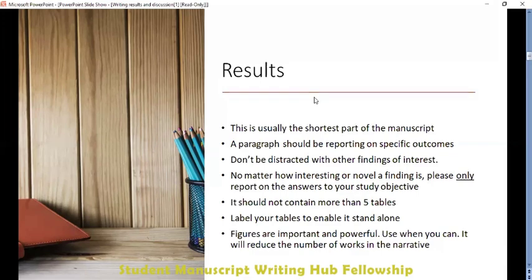The reason is that, yes, the framework is the same for all journals, but different journals have their specificity in terms of how you're going to write it. For example, the word count varies for different journals, so you need to know what their specification is.